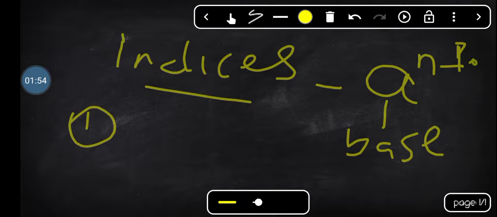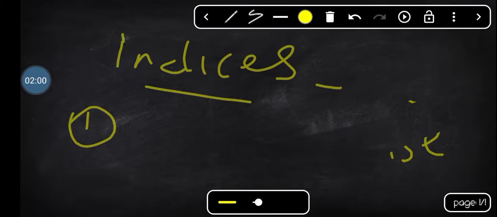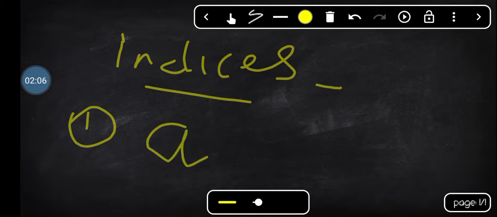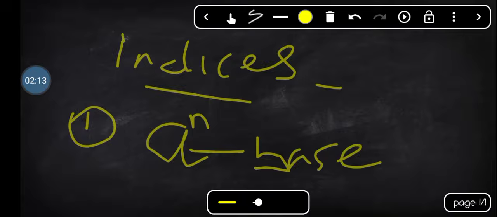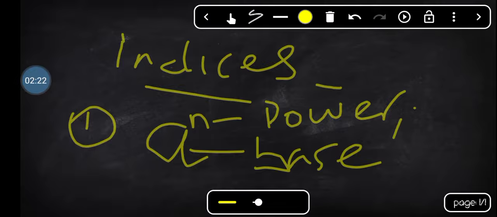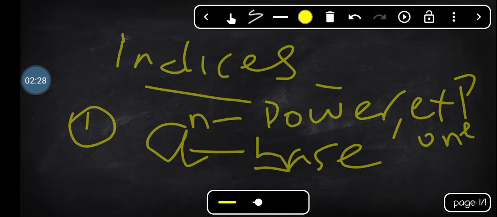The a is the base, this is the base. This n is what we call the power, but you can also call it the exponential.